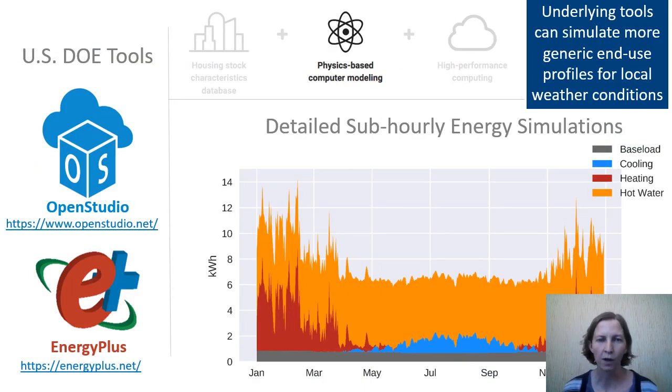So now I just want to step back a moment. While we can do really detailed, high-resolution, statistically representative modeling of a whole building stock, we can also get insights just by coming back to the basic modeling tools, and instead of trying to understand all the different heterogeneity in a given region, we can use these tools in a more stripped down way just to understand some basic relationships, like how much electricity I could expect a home to use for air conditioning in a given locale, and how much that might change depending on how efficient the technology is that I select.